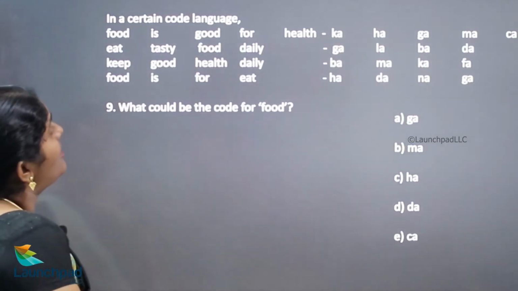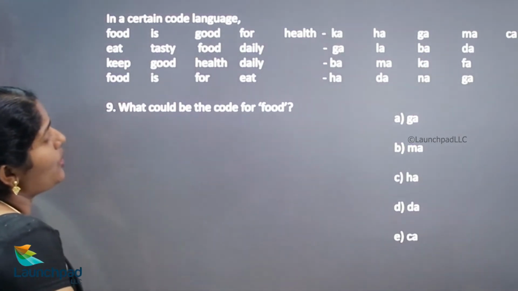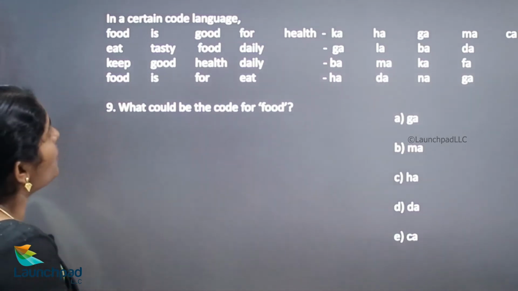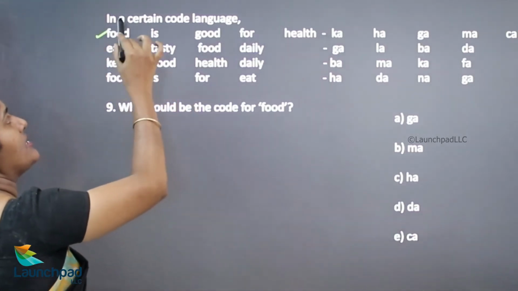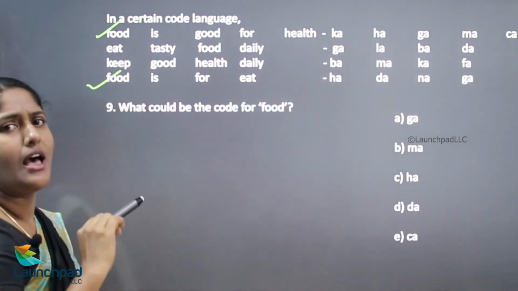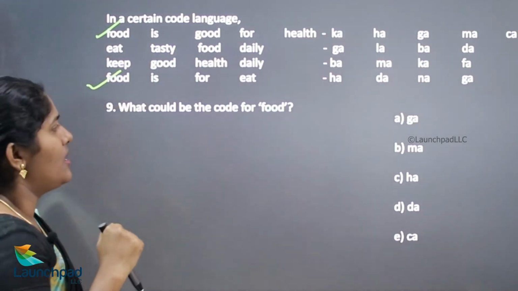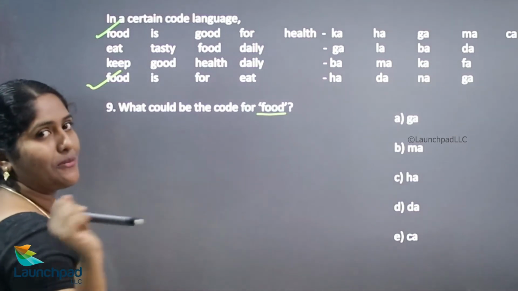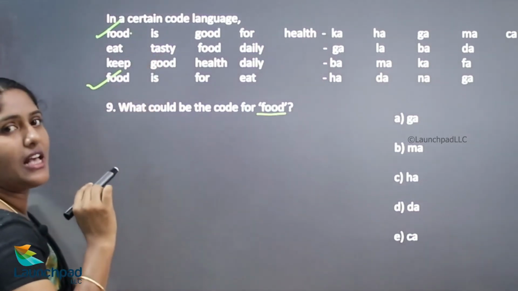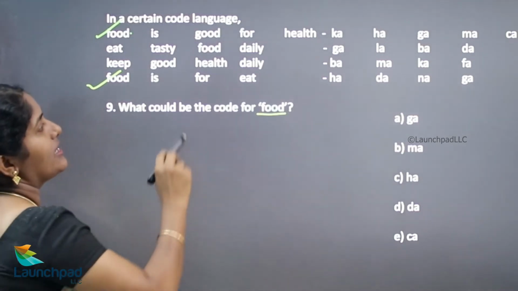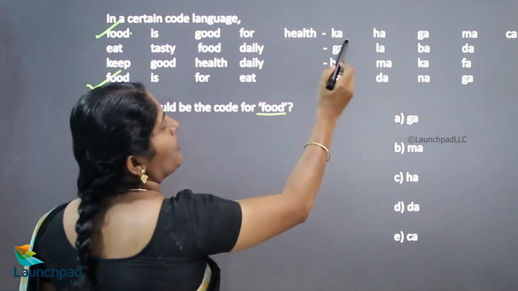So what could be the code for food? Which sentences have the word food? The first sentence and the fourth sentence have the word food. What are the corresponding codes?